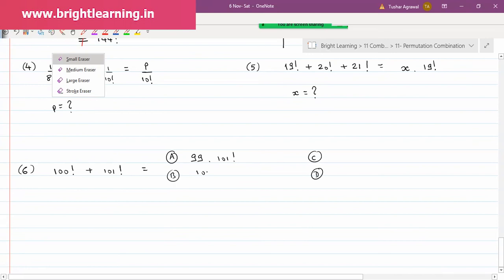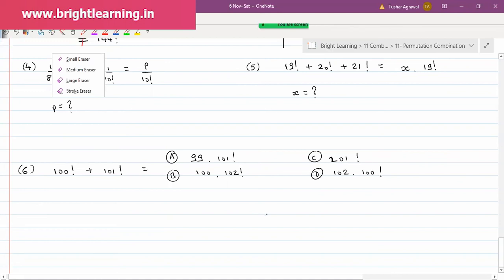Option B is 100 multiplied by 102 factorial. Option C is 201 factorial. And option D is 102 into 100 factorial.